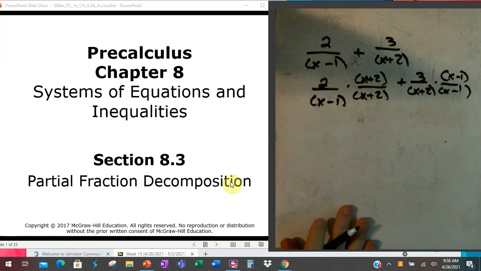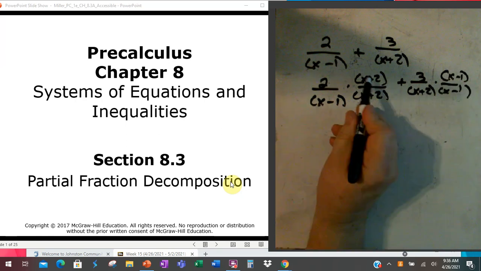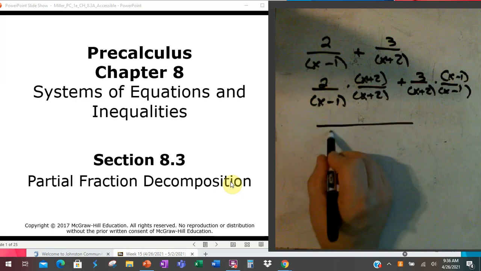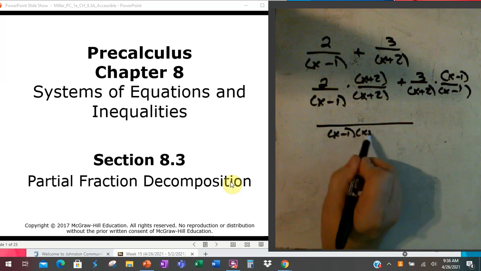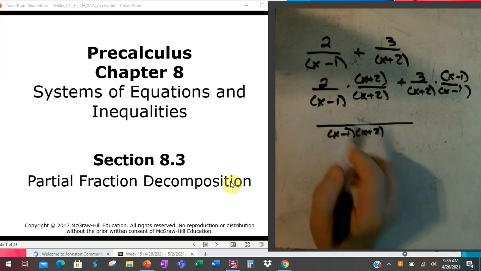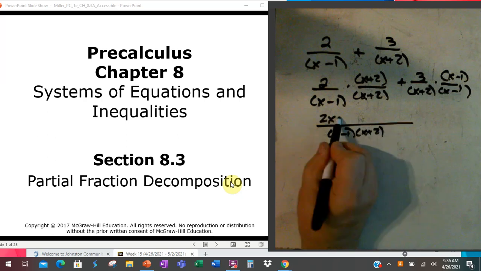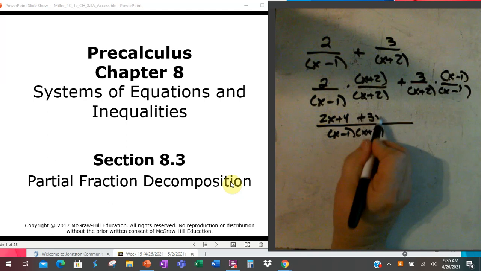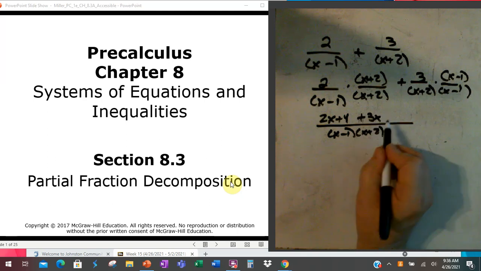Okay. So now I would just multiply this out. All of this is now over x minus 1, x plus 2, with 2x plus 4 from here, and then plus 3x minus 3 over here.